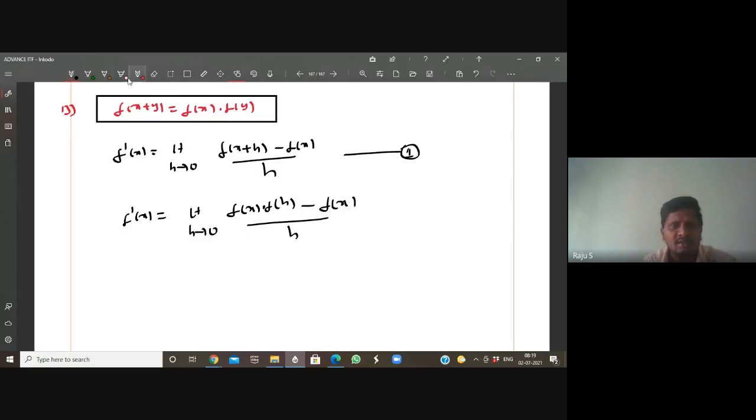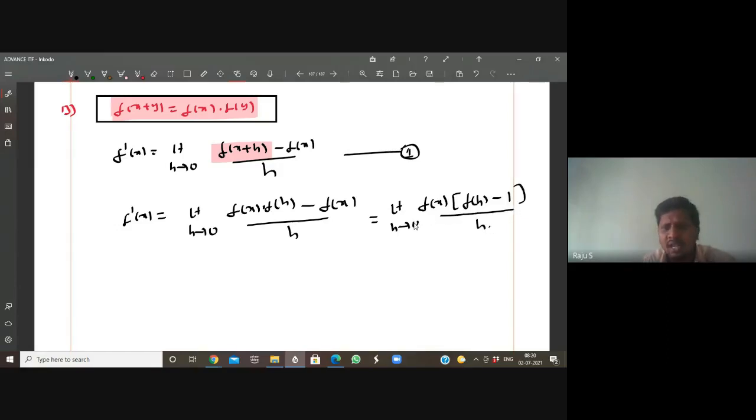Shall I write like this? Yes, we can write this f of x plus h with the help of this property as f of x into f of h. Is there any common in the numerator? Yes, limit h tends to 0, f of x is common. The remaining value is f of h minus 1, all divided by h.